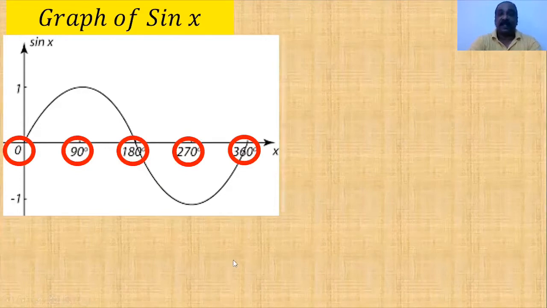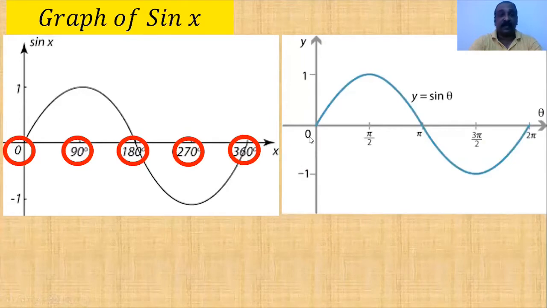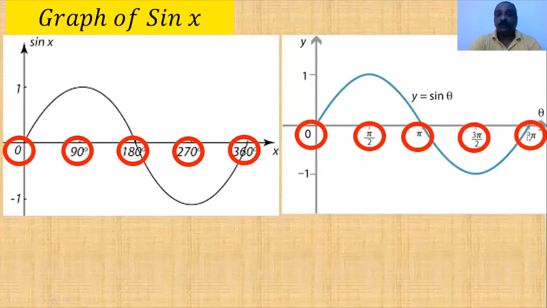Another type of graph, the same sine graph, but we give the angles in terms of pi: 0, pi over 2, pi, 3 pi over 2, then 2 pi. So it depends on the question. If the question says plot the graph for the range x more or same as 0 degree, less or same as 360, then I use the first scale: 0, 90, 180, 270, and 360.